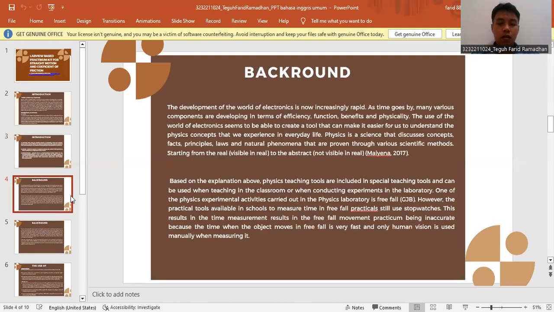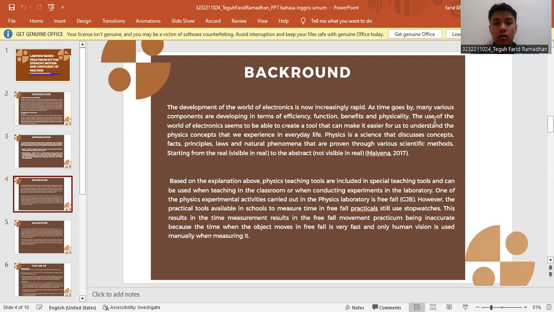And this is the background. The development of the world of electronics is now increasingly rapid. As time goes by, many various components are developing in terms of efficiency, functions, benefits, and physicality.